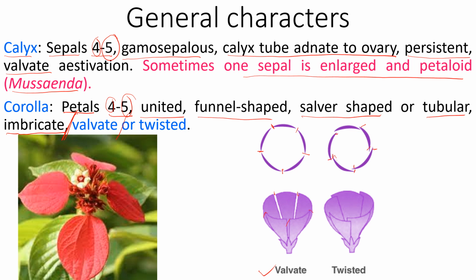So here you can see outer side, inner side, outer side, inner side, everywhere. So this condition is called twisted condition. And imbricate condition is where one is completely out, another is completely in, and the rest are alternately out and in. This condition is called imbricate condition.